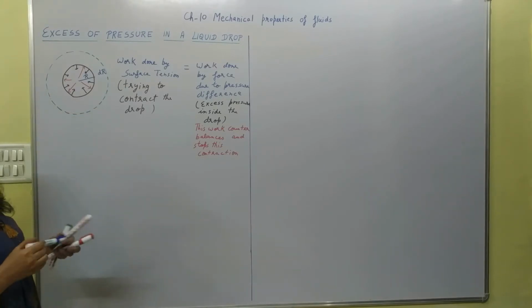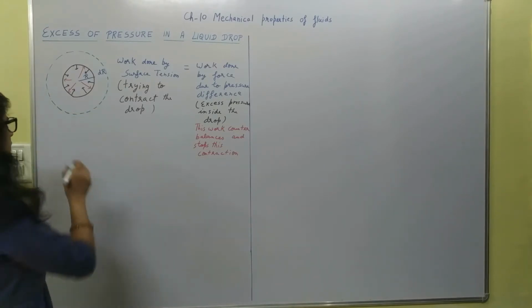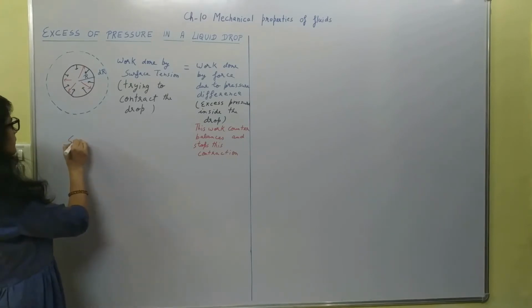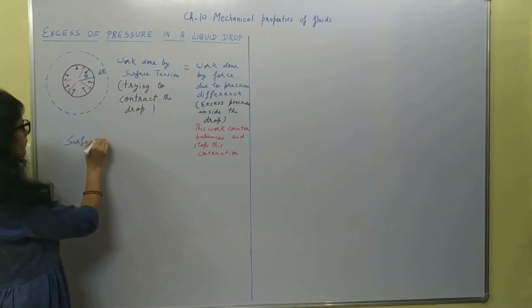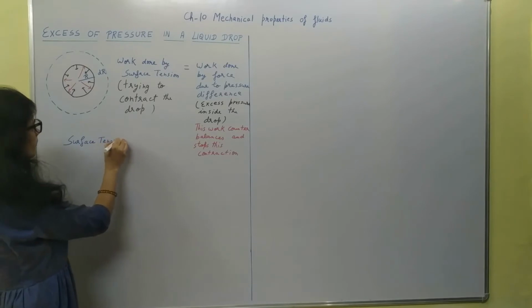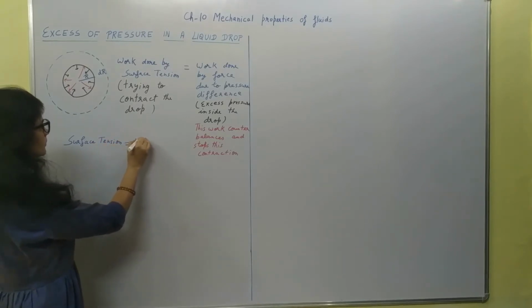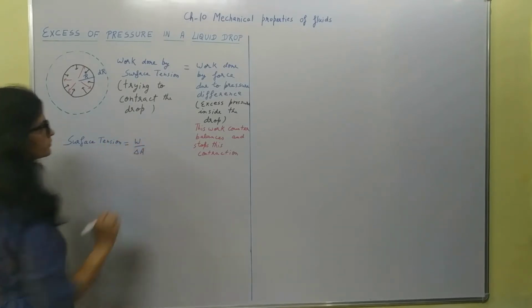So we know the formula for surface tension. Surface tension is work done per unit area, right?